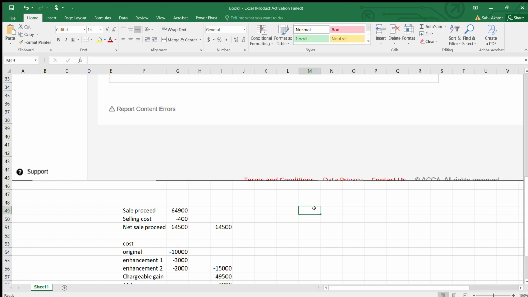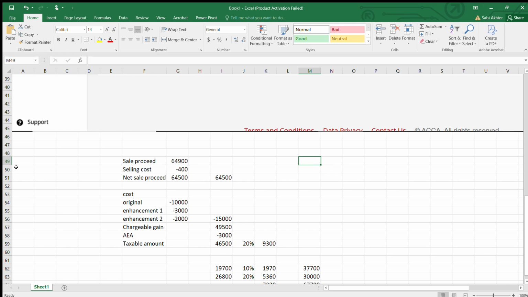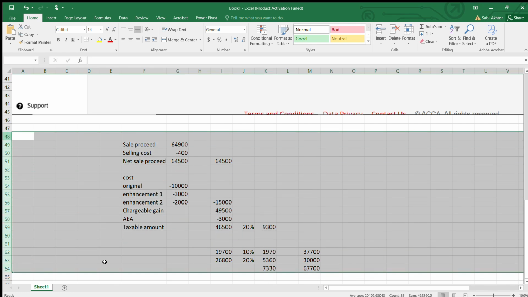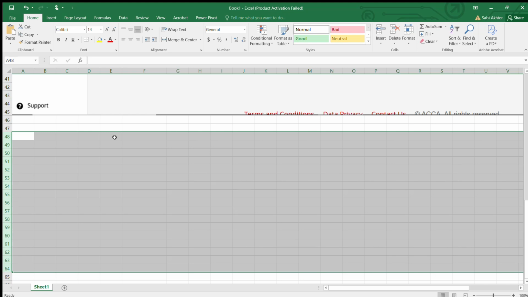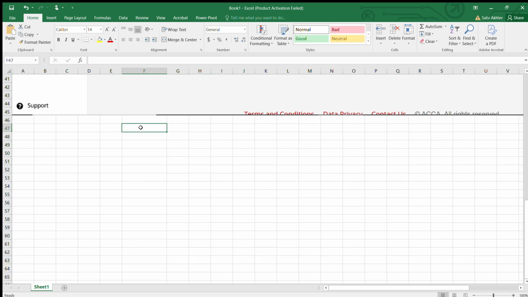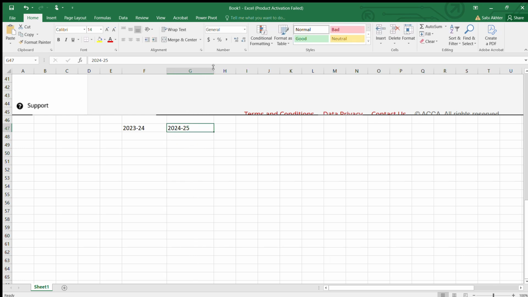So here I'm going to do, get this, I shall remove this now. So we'll do for 2023-24, 2024-25. First is the gains.